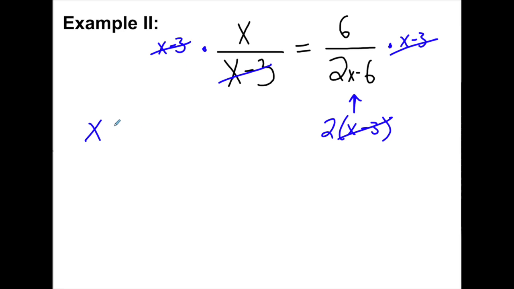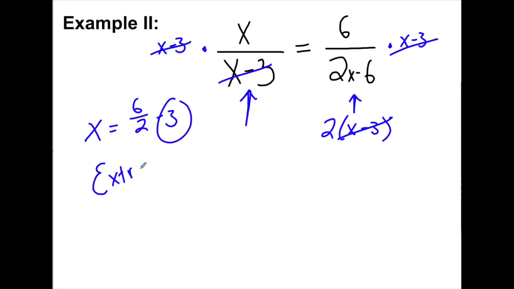So I'll have x is equal to, because this is just x now, 6 over 2, which is 3. And I'm good, right? Well, not quite, because here's the problem. What happens when you put 3 in this denominator? Doesn't work. So as it turns out, they're back.